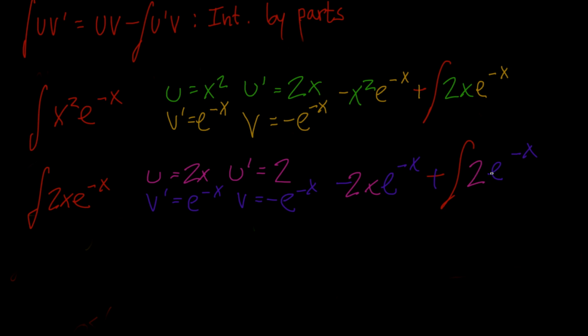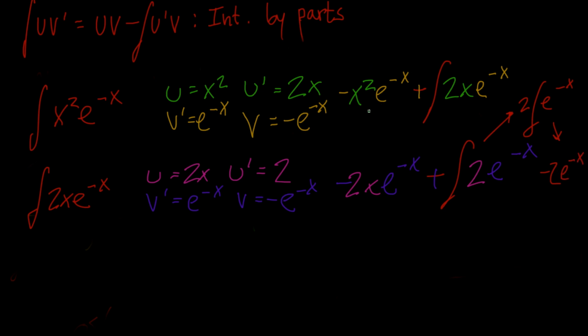But what I did is I just took this negative with the constant multiplier rule and brought it outside, and negative times negative is a positive. Now this integral does not require the integration by parts rule. You can solve this very simply, right? We can just say the integral of 2 times e to the negative x, and we know that that equals negative 2 times e to the negative x.